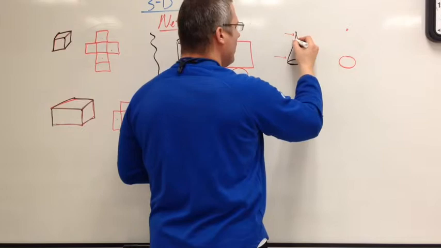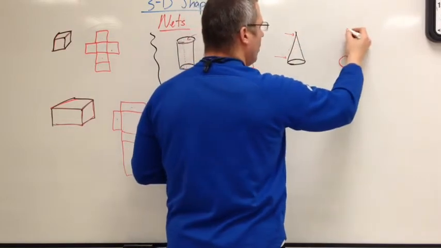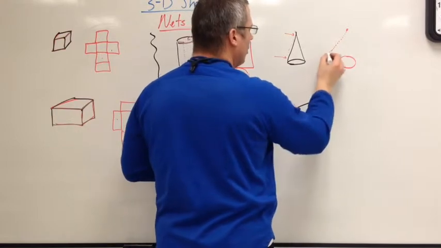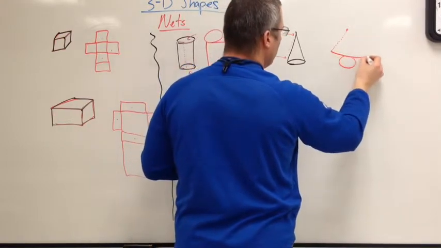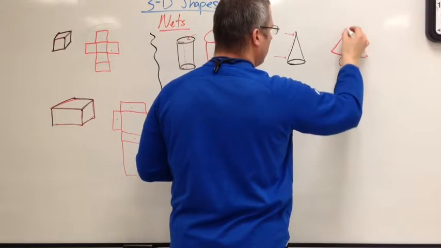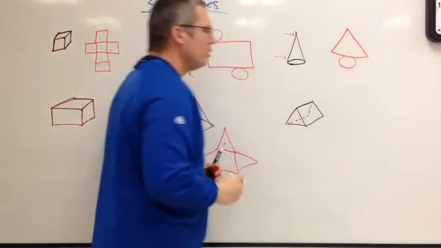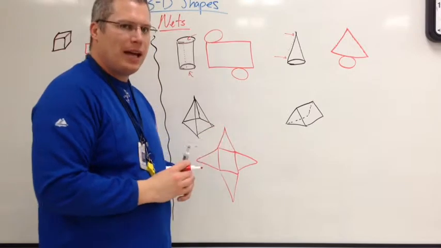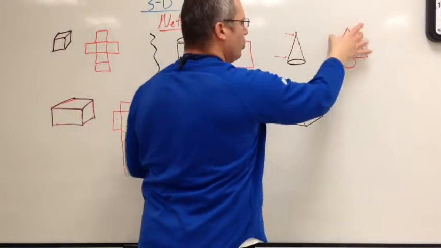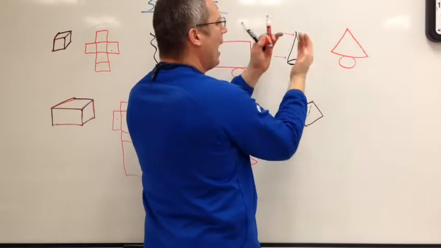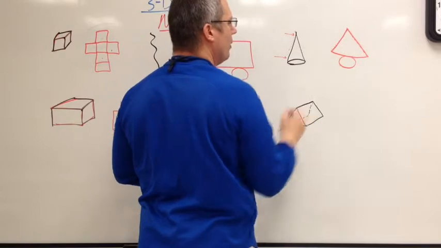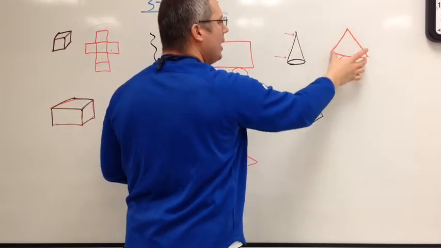As you start moving up the cone, it starts widening out. That would be the net of a cone. Circle on top, and when you take this piece and wrap it together, this end would touch sooner than the top end, which would make it thinner at one end, wider at the other.